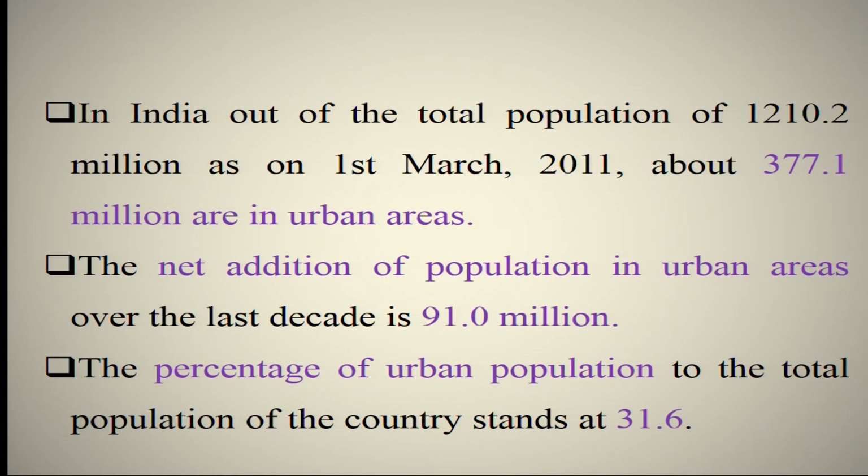The percentage of urban population to the total population of the country stands at 31.6. This shows the rise of urbanization and the need for the government to take care of the urban areas. There has been an increase of 3.35 percentage points in the proportion of urban population in the country during 2001 to 2011.